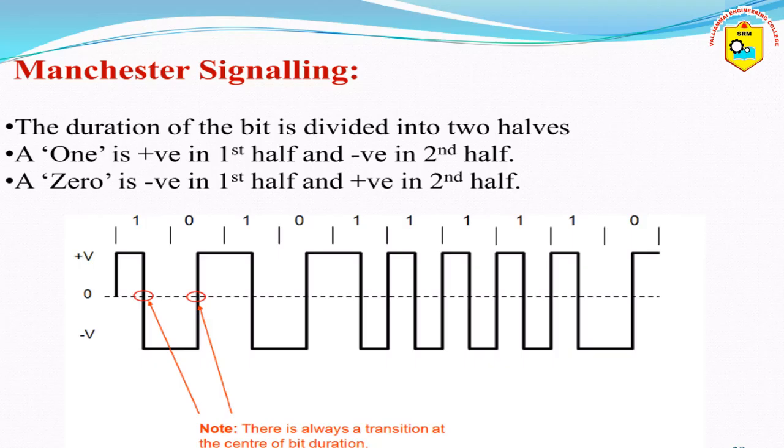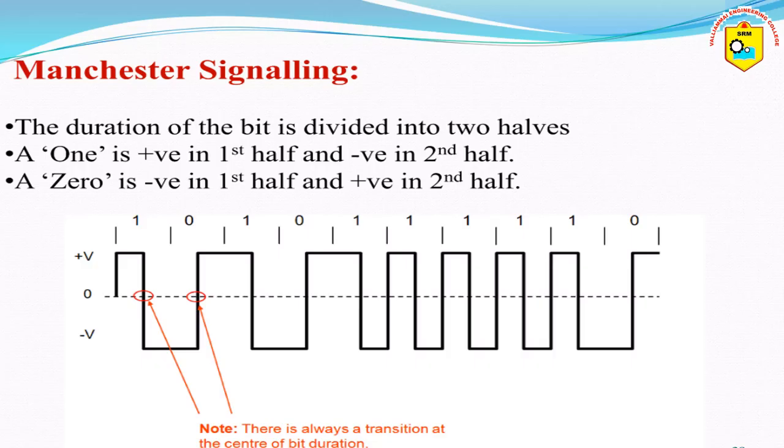And the last type is Manchester signaling. Here the duration of the bit is divided into two halves. When a bit 1 is transmitted, it is positive in the first half cycle of the bit duration and negative in the second half. And when 0 is transmitted, it is negative in the first half and positive in the second half.